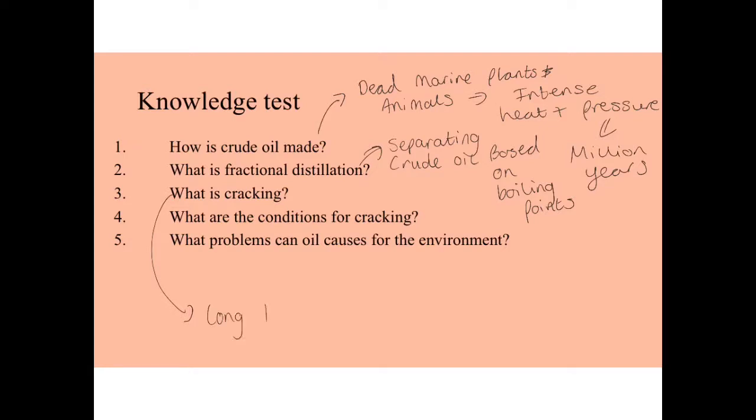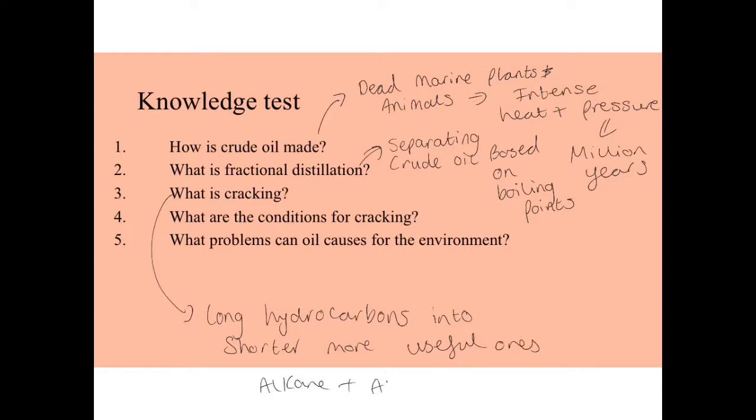Longer chain hydrocarbons into shorter, more useful ones, and you end up with an alkane and an alkene. What are the conditions for cracking? You need about 600 degrees, vaporized, and an aluminium silica catalyst.